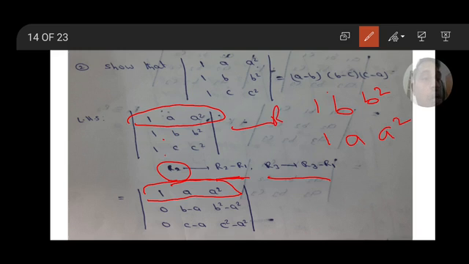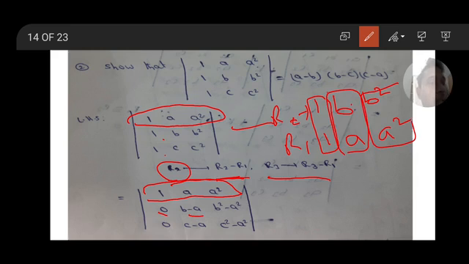This is R2, this is R1, so minus: corresponding elements 1 minus 1 is 0, second elements B minus A, third B square minus A square.